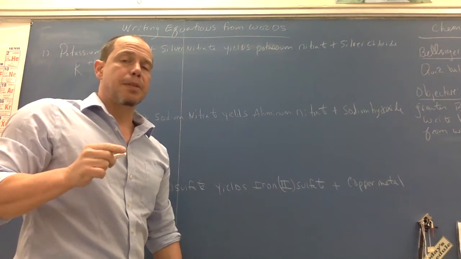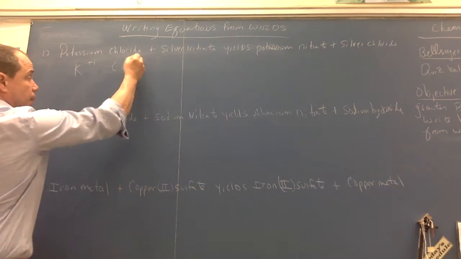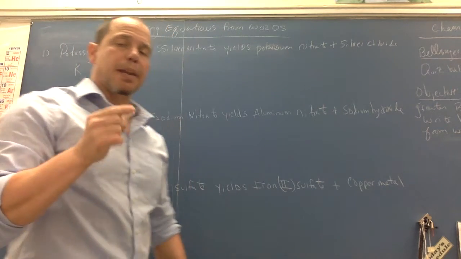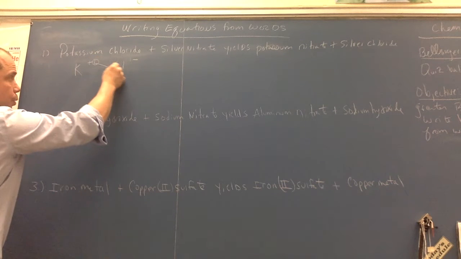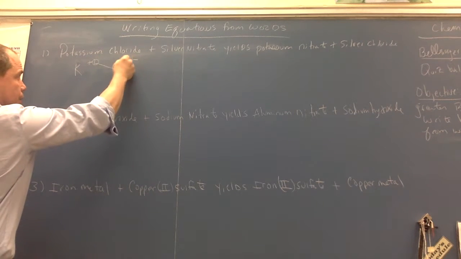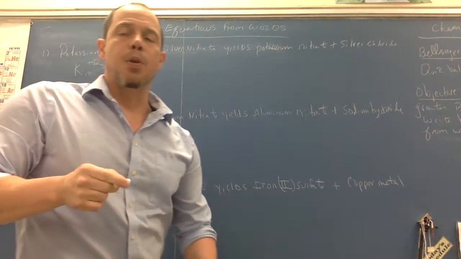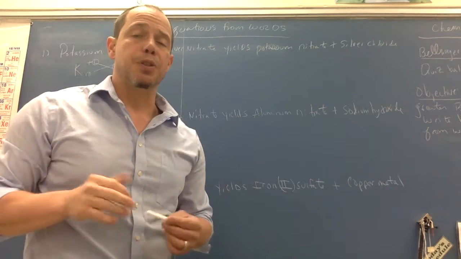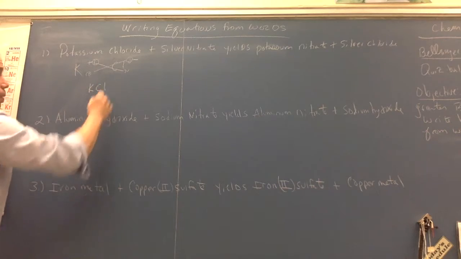Chlorine is a group 17 element. It has a -1 charge. Crossing those 2 charges, we get KCl. Cross this 1 down here, cross this 1 down here. And of course, when we write the chemical formula for KCl or any other compound that has equal charges, we can just write the K and the Cl.